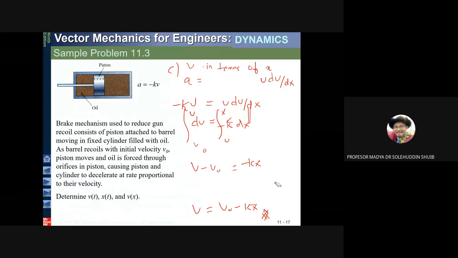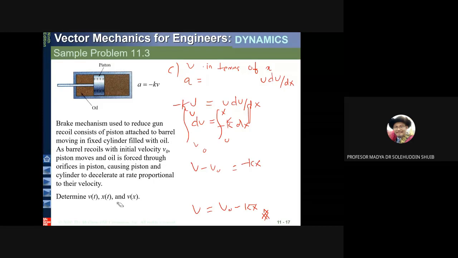We have done this example. The thing that I would like to highlight, in a nutshell, is how we solved this problem. First part, we find velocity in terms of t, part B is x in terms of t, and part C is v in terms of x.